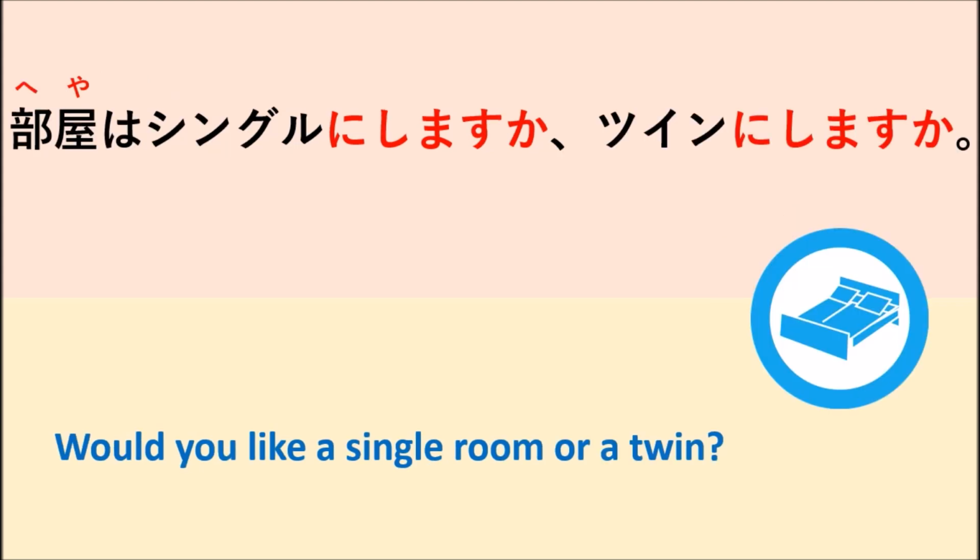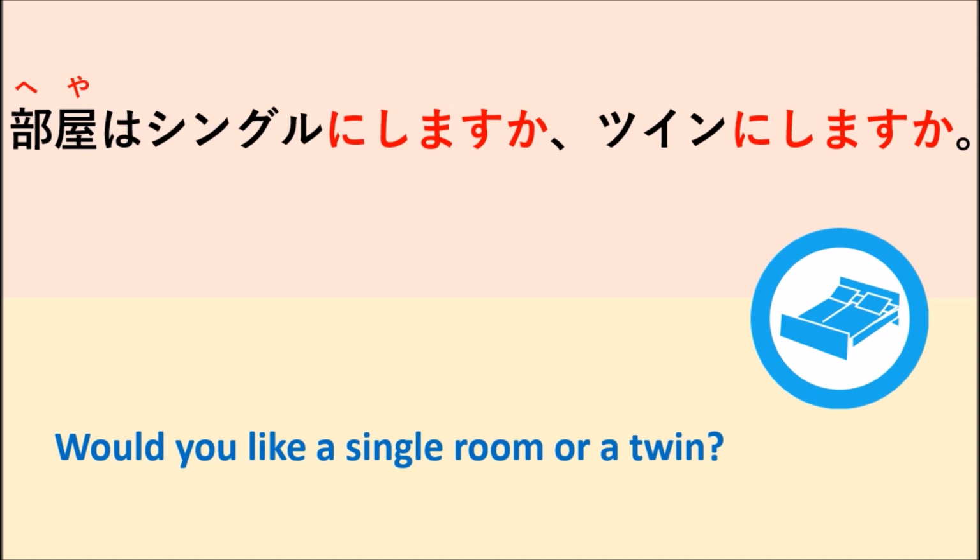So here we also have a sample like this. Heya wa shinguru ni shimasu ka? Tsuin ni shimasu ka? Which means, would you like a single room or a twin? Here we can see that shinguru means single, and tsuin means twin.